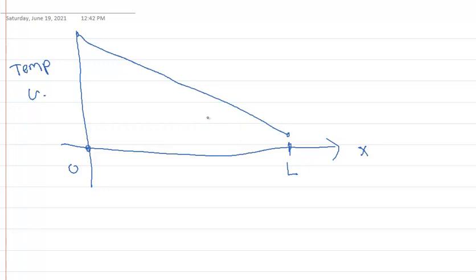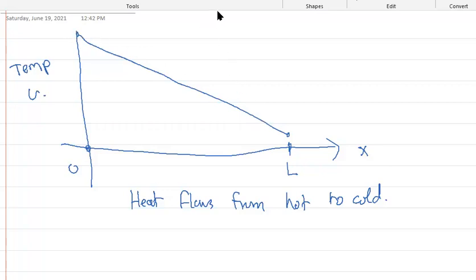Now let's consider what's going to happen with this rod. It's well known that heat flows from hot to cold. So my question is, which direction is the heat going to flow? Well, it's hot here and it's cold here, so heat should flow in this direction.